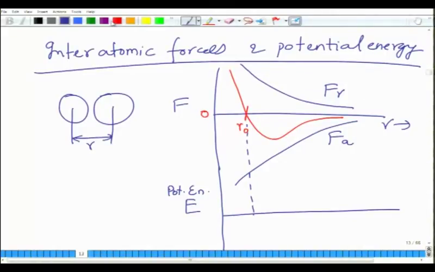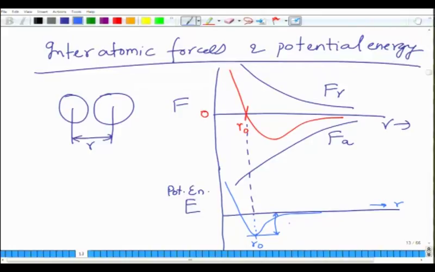So, if you plot the potential energy it looks something like that, okay, and this is the distance r naught at which you have a potential energy defined by E naught, or W naught depending upon how you write it.